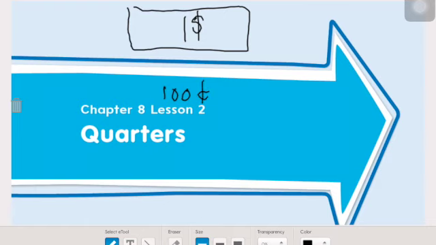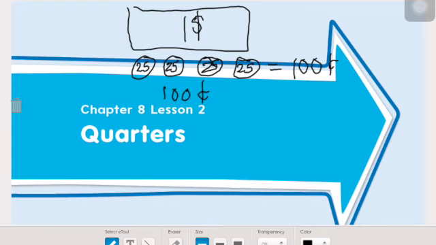Now, if we broke that dollar into 4 coins, each coin would be worth 25 because 25 plus 25 plus 25 plus 25 equals 100. So a quarter is worth 25 cents because it's 1/4 of a dollar.